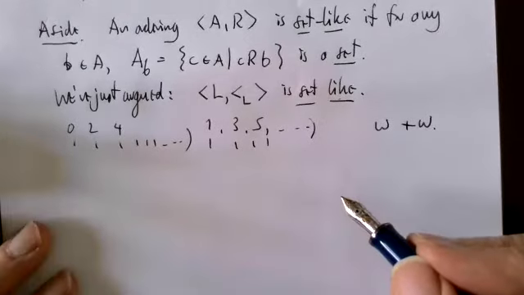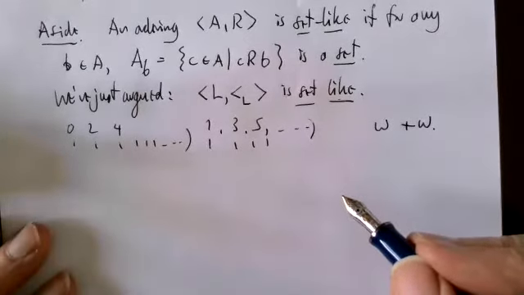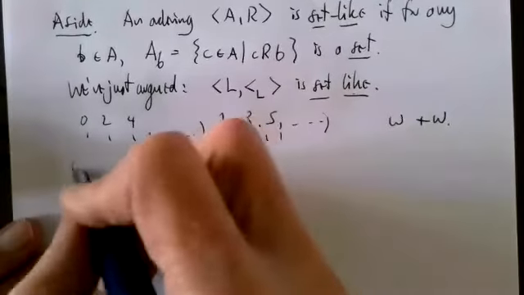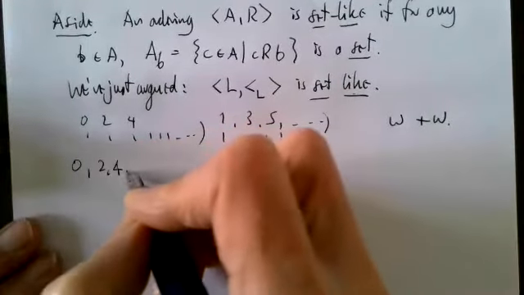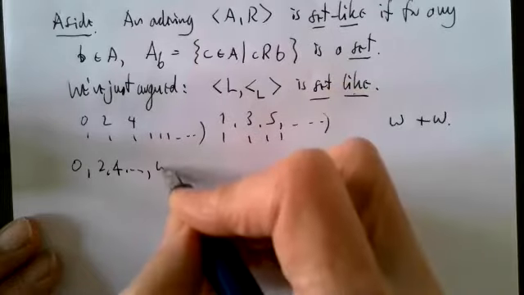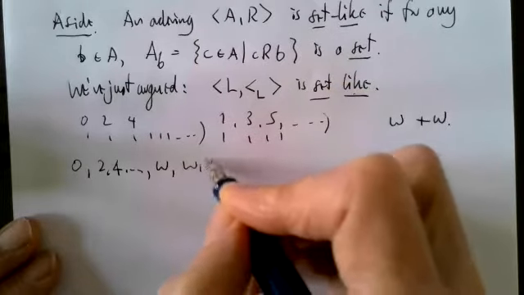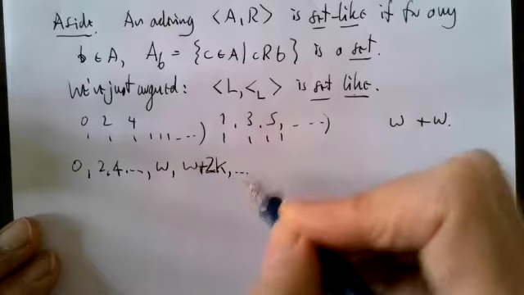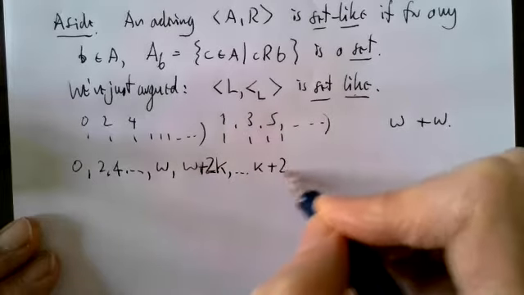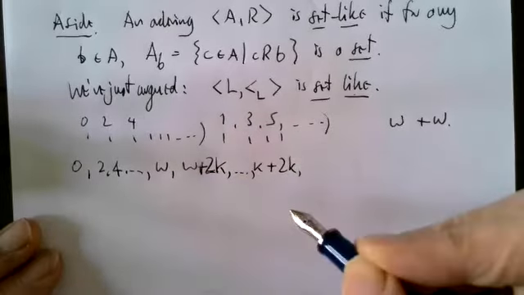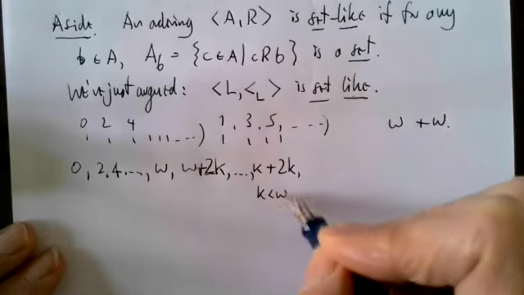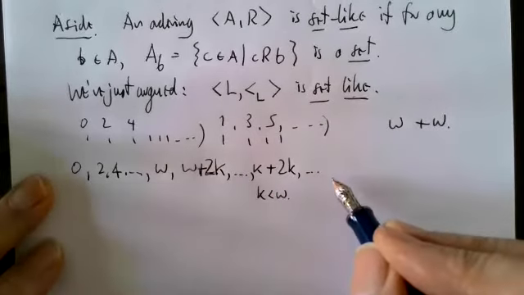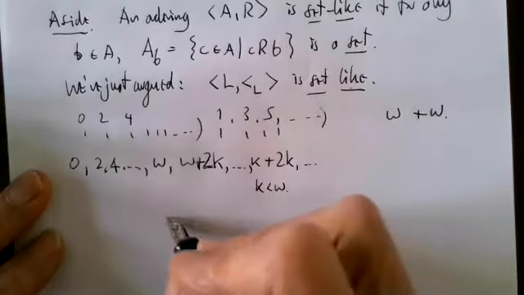There's nothing stopping you extending that to the ordinals. I could put all of the even ordinals, which includes the limits, omega plus 2k, and in general some kappa plus 2k, where k is less than omega, before the odds.